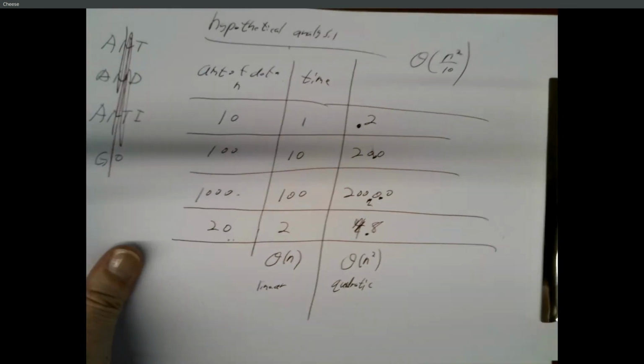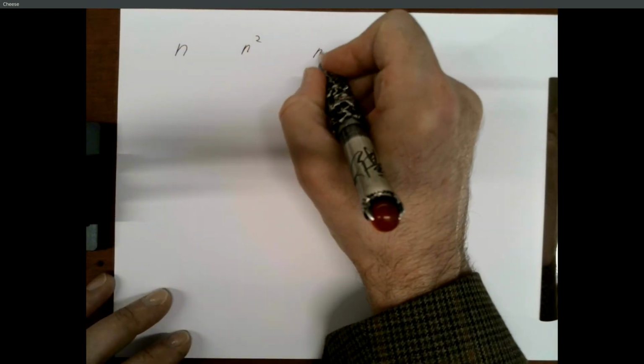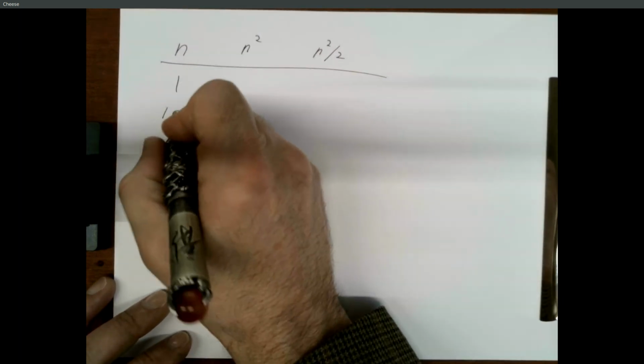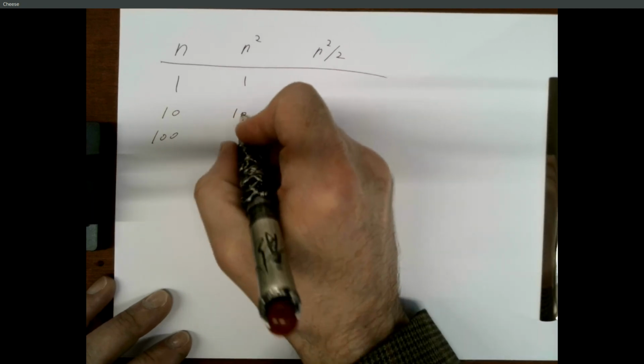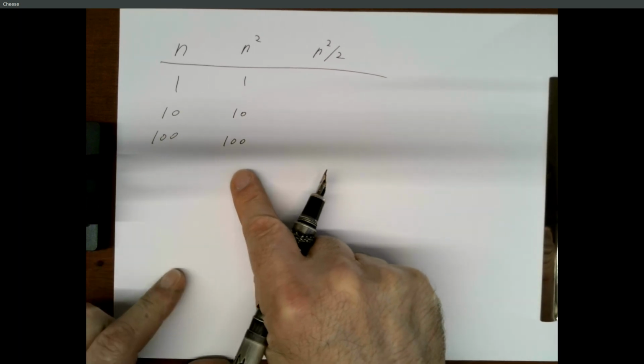Let me make a new table. So here's n squared, here's n squared over, let's just do it over 2. Okay, so here's standard order n squared behavior, right?